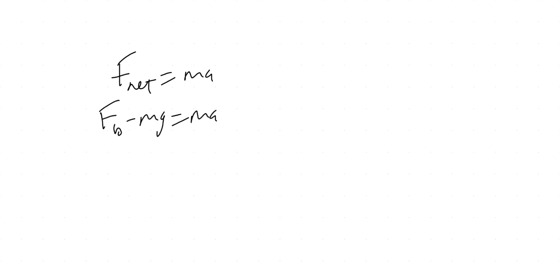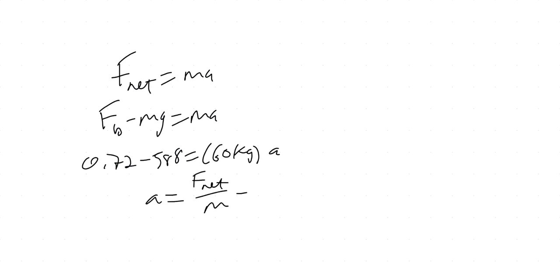I have F net equal to ma. I had Fb minus mg equal to ma. I had 0.72 minus 588 equal to mass, which is 60 kilograms, times a. A is going to be my net force over my m, which is negative 587.28 over 60, which is basically going to be 9.8.